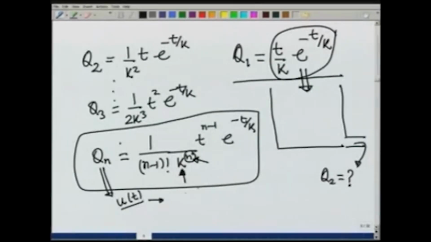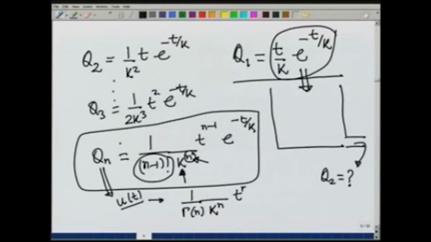So, in order to generalize this equation for non-integer values of n, we use the gamma function, and the definition of the gamma function probably you already know. This n minus 1 factorial is nothing but gamma n, so we have gamma n k to the power n.